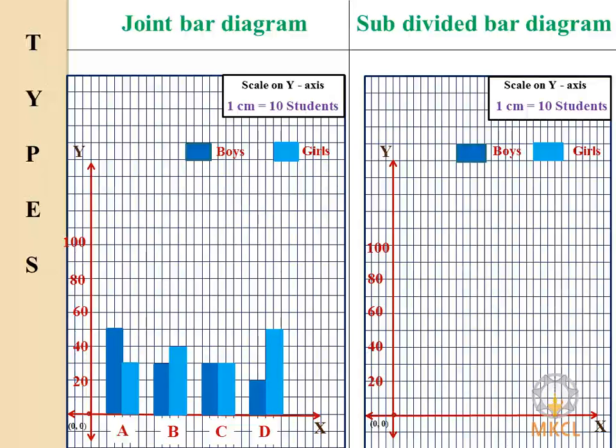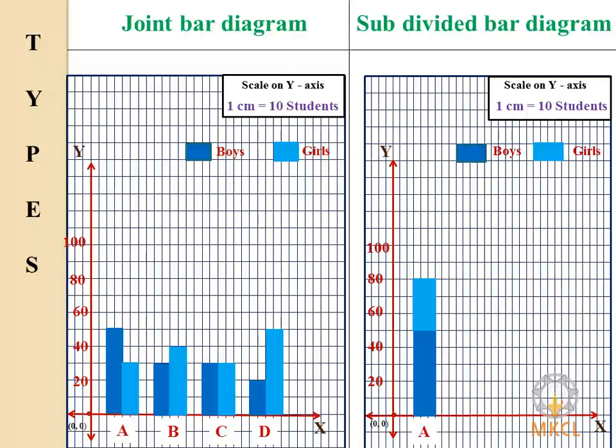Now we see the subdivided bar diagram, using the same data. Please remember, using the same data. So in division A, there are 50 boys and 30 girls, so the total is 80.